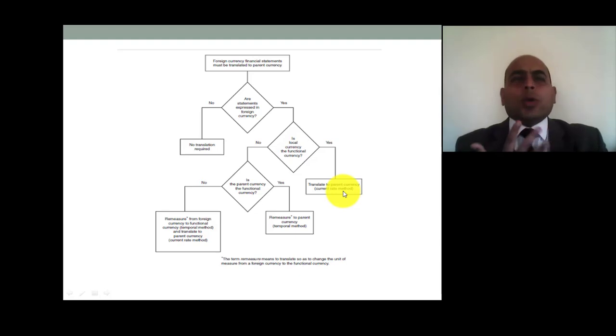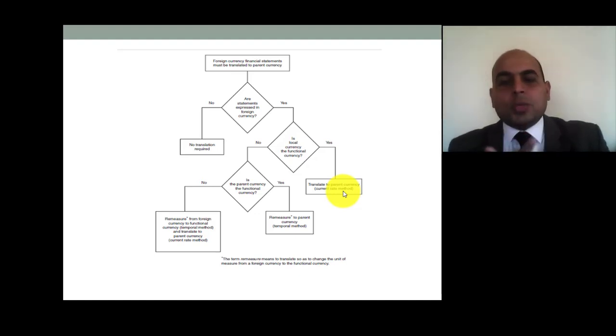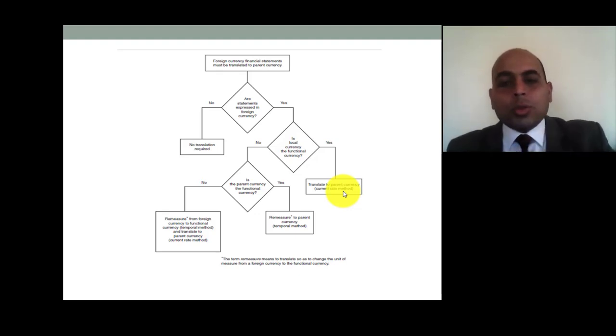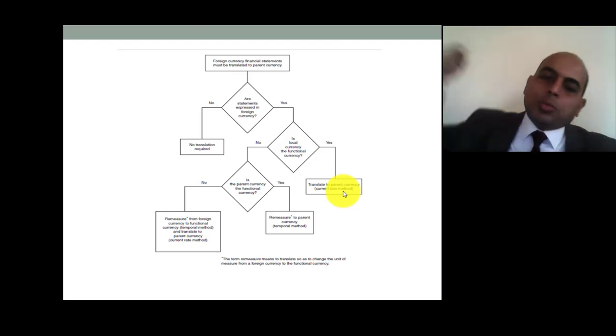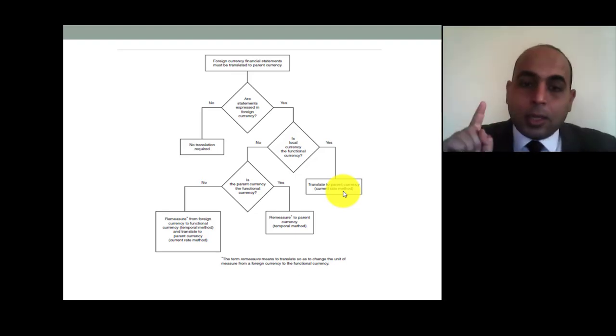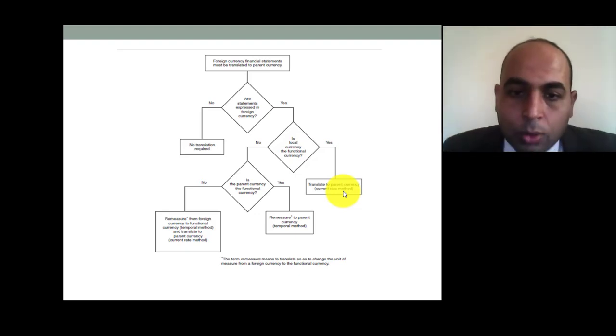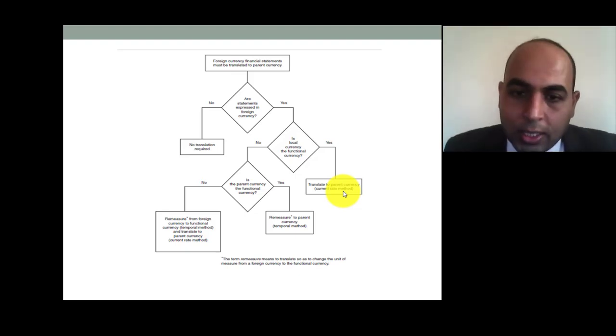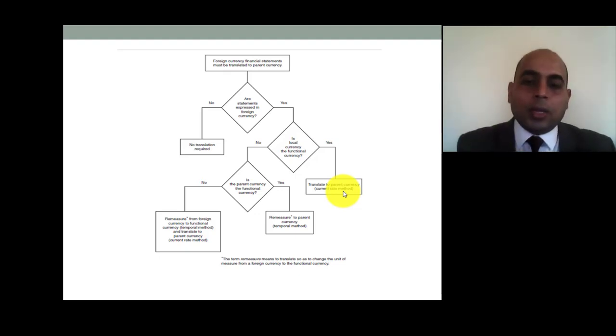Simply, the company is located in Egypt, the domestic currency is the Egyptian pound, and they use it because most of the cash flows, sales prices, and expenses are denominated in Egyptian pounds. So we will use the current rate method to translate the financial statements from Egyptian pound to Jordanian dinar. If they don't use the Egyptian pound to record transactions or prepare the financial statements, we have to determine whether they used the Jordanian dinar, the parent company currency.